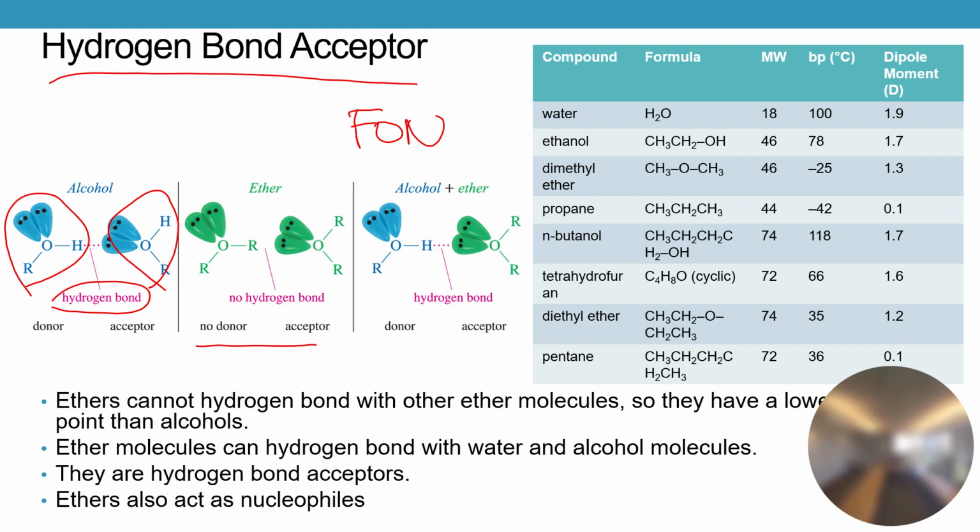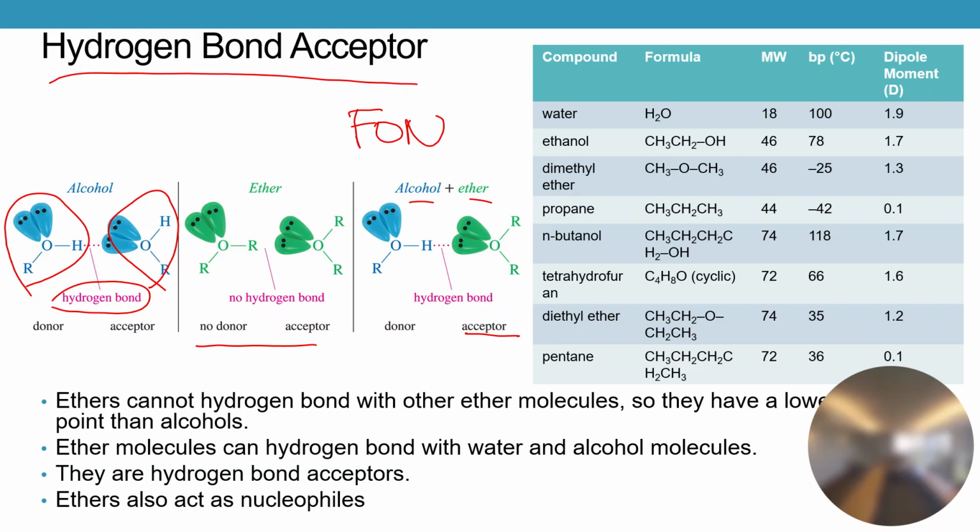So that's not possible between two ethers, but if we mix alcohols and ethers, the ether can accept a hydrogen bond, okay? So it's a hydrogen bond acceptor. And so that really helps them be miscible with alcohols and other molecules that have hydrogen bonding, like amines.